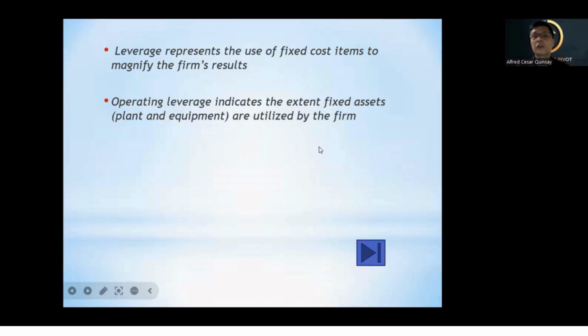Now, operating leverage indicates the extent to which fixed assets, I should say plant and equipment, are utilized by the firm. So like we said a while ago, in the accounting department, instead of employing five or maybe even more accounting staff, they would rather invest in accounting software on computers, which, however, would cost them.